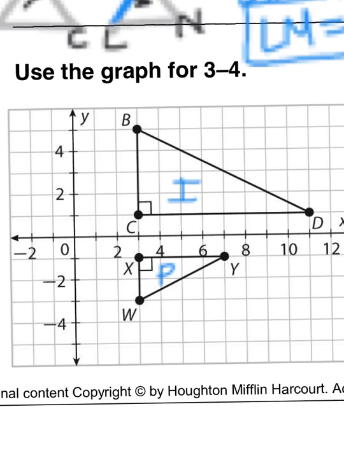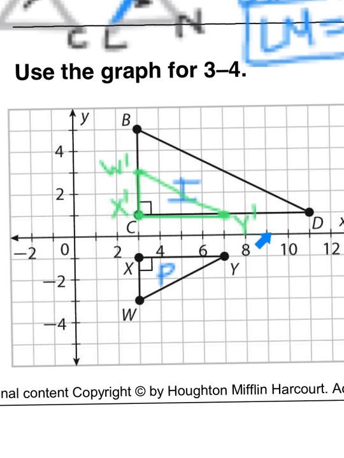Our job here is to find out what caused the pre-image to get to the image. The first transformation is going to be a reflection across the x-axis. As you can see here, I have reflected triangle YXW across the x-axis.